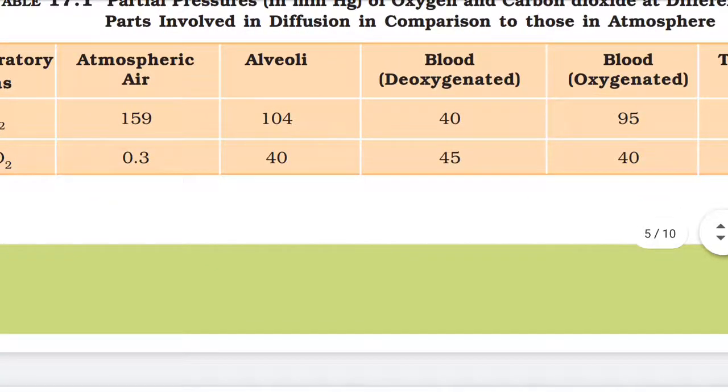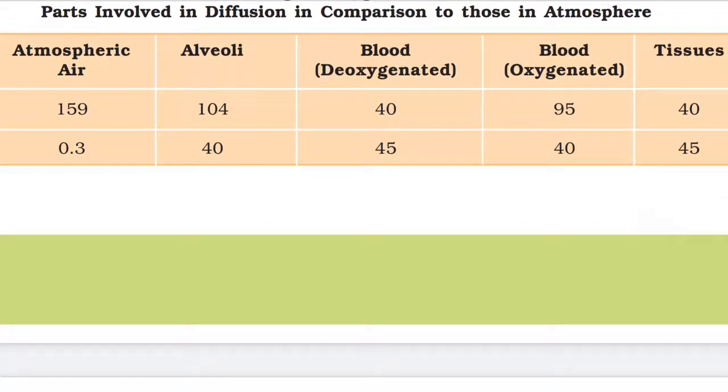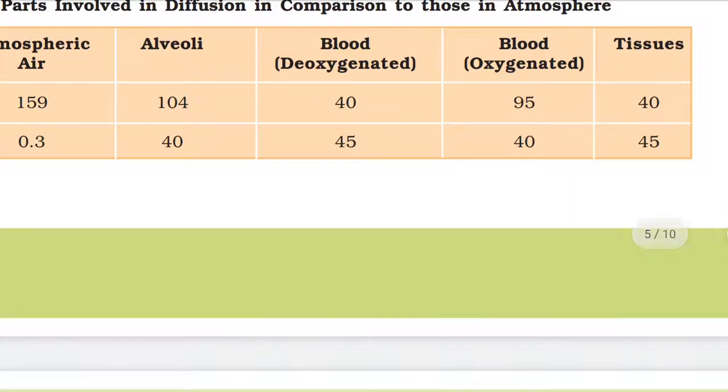So oxygen is more in the alveoli than carbon dioxide. For deoxygenated blood, you will have 40 for oxygen and 45 for carbon dioxide. For oxygenated blood, 95 for oxygen and 40 for carbon dioxide.